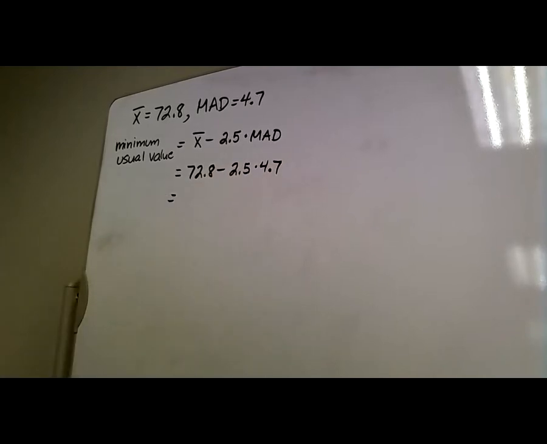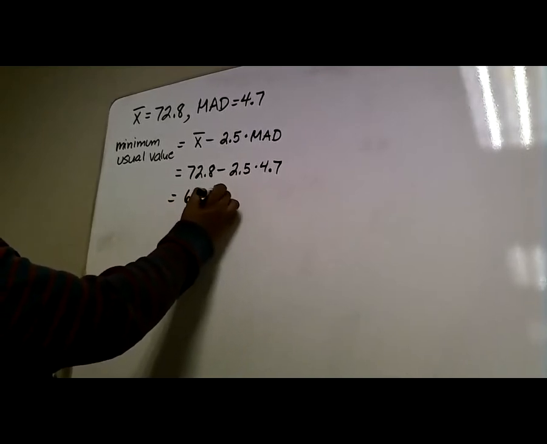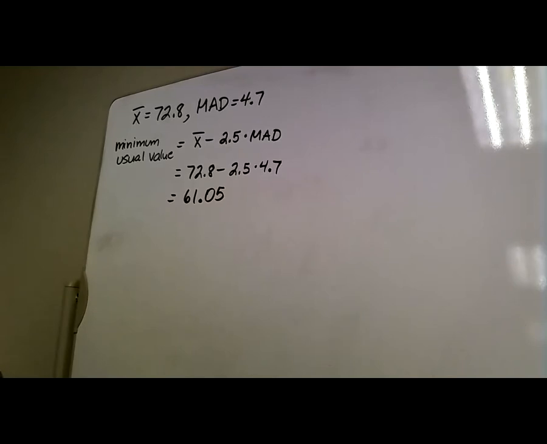That's 4.7. And this, you should be able to type directly in the calculator depending upon which one you're using. So if you do 72.8 minus 2.5 times 4.7, that's your minimum usual value, that's 61.05.